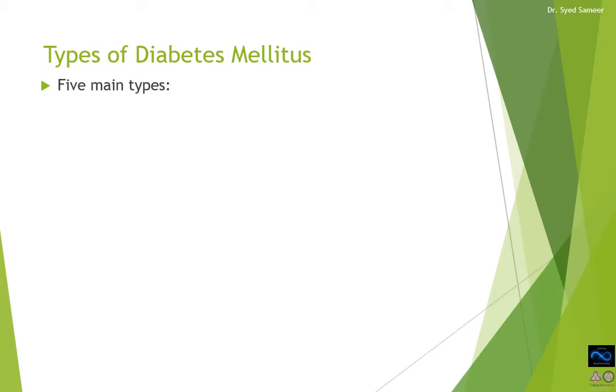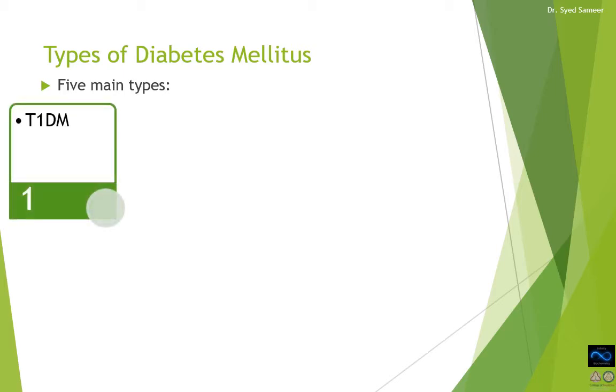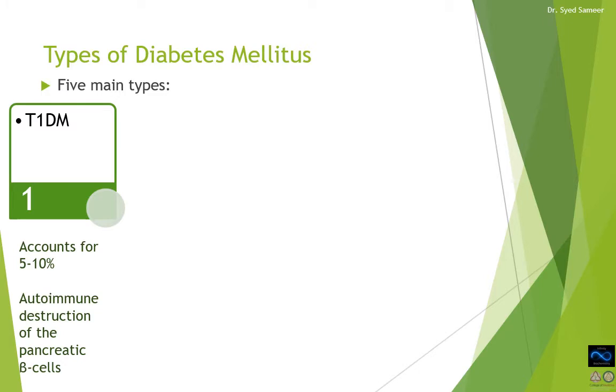Diabetes is further classified into 5 different types depending upon its effect and its pathogenicity. First is the type 1 diabetes mellitus, which accounts for 5 to 10% of the cases worldwide and is autoimmune in nature. It is manifested because of the destruction of the pancreatic beta cells.